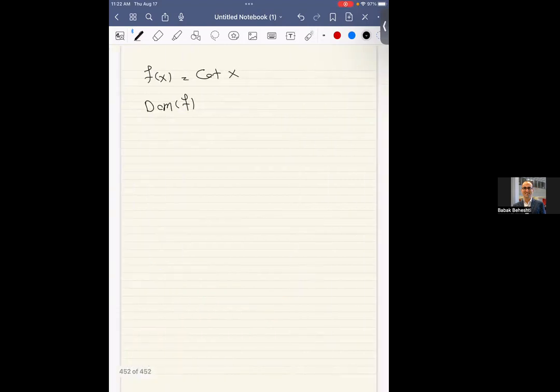How about cotangent? The domain is all numbers except integer multiples of pi, k pi. And range again is all real numbers.